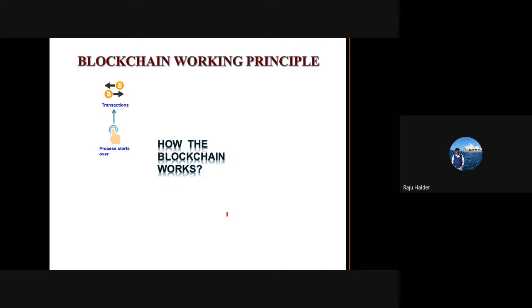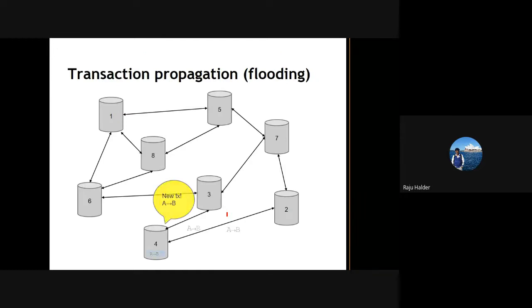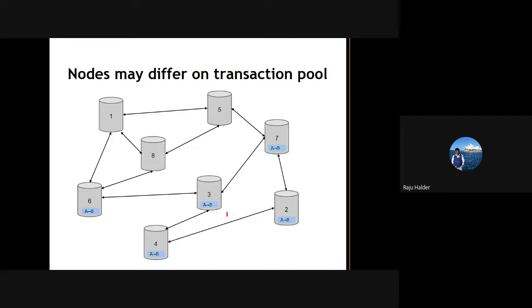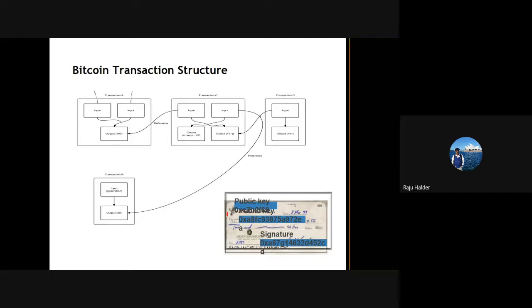I have some slides on that. Everyone is verifying whether the transaction is correct, and if it is correct, they forward it to their neighbor. If it is not correct, they do not forward it. So somehow it's flooding in the network.